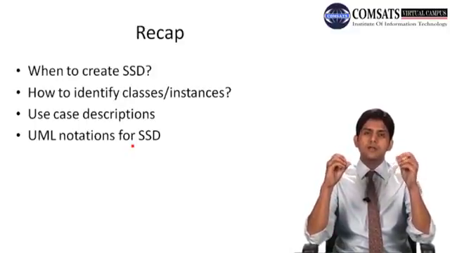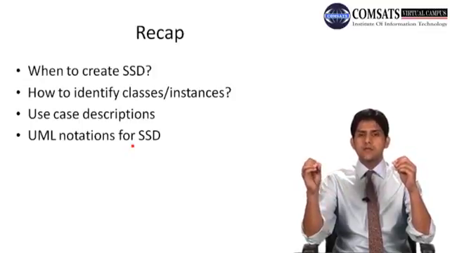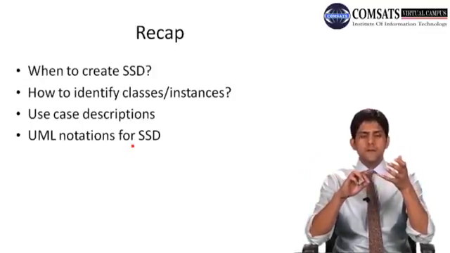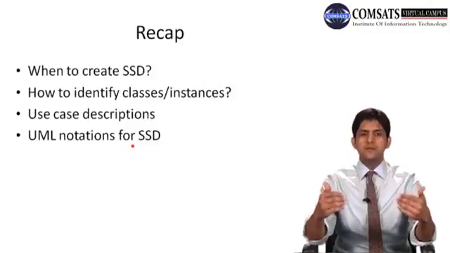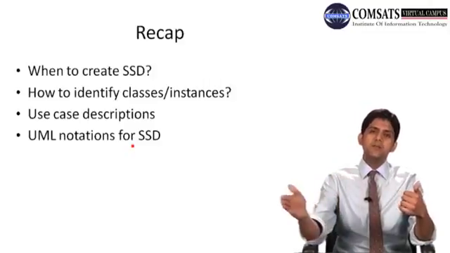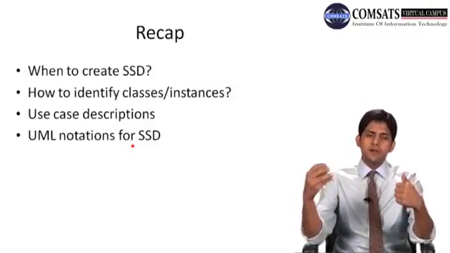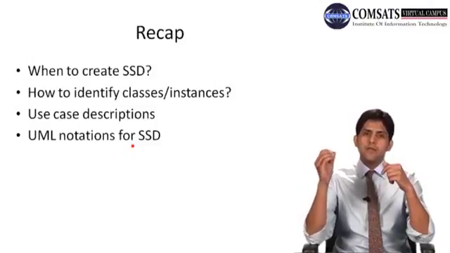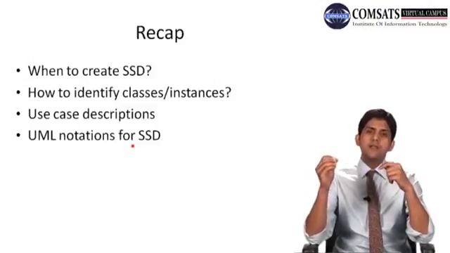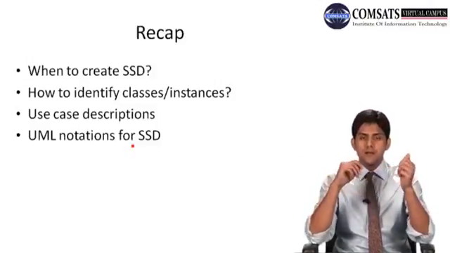We saw that the processing narratives or any written description of our software that is available to us includes the use case descriptions, the processing narratives, or maybe the scope statement. You get all of these written descriptions and you do a grammatical parse of that. What do we mean by grammatical parse? We try to identify the nouns and the verbs in the text. All the nouns that we identify become potential classes.